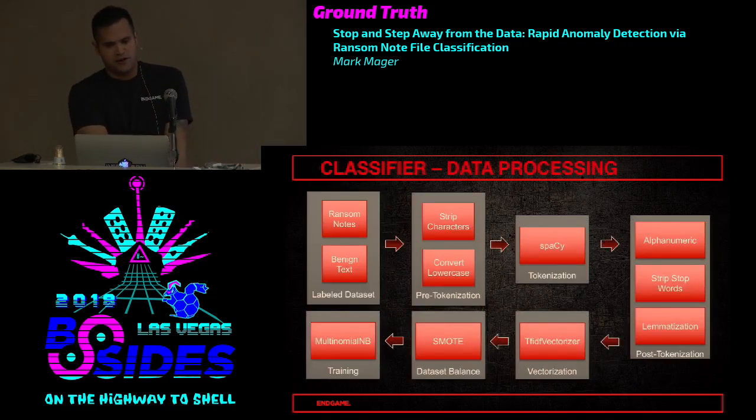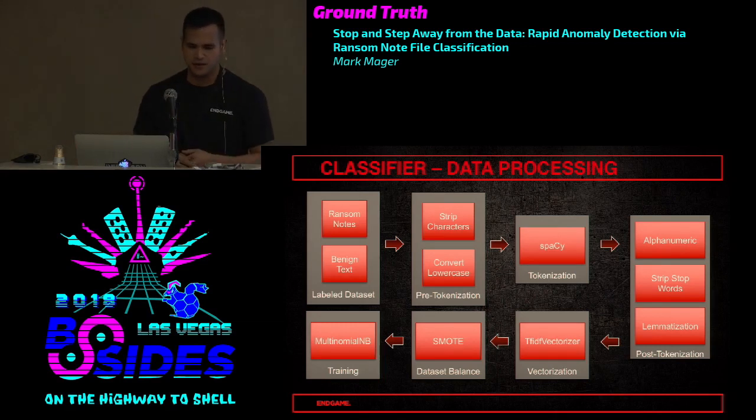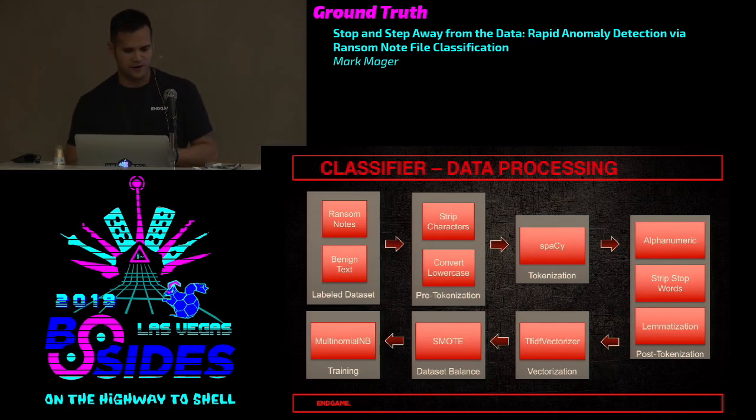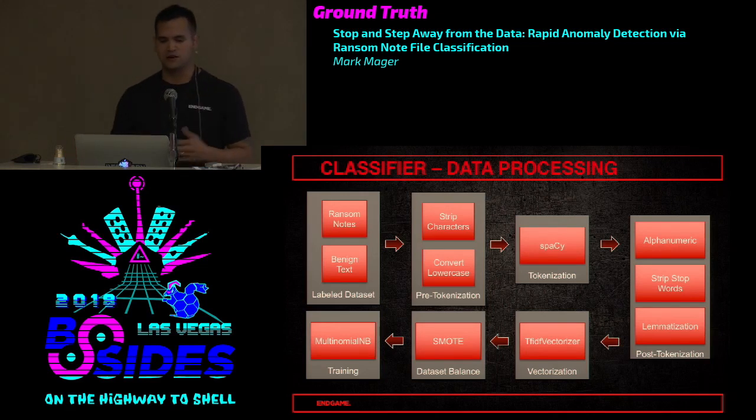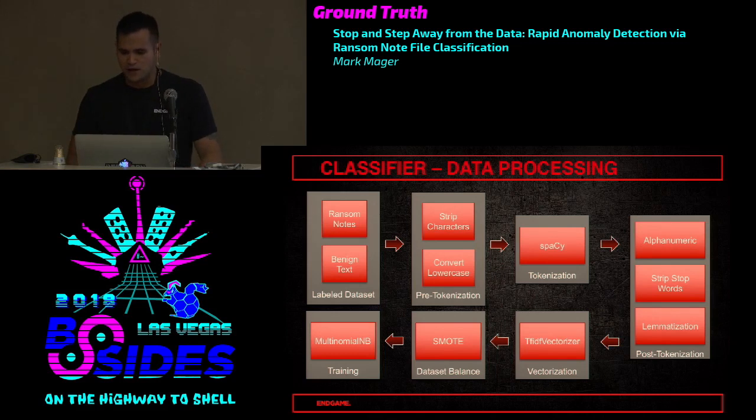So here's what our data processing pipeline essentially looks like. We start with our labeled data set, comprised of ransom notes and benign text. In our pre-tokenization step, we're going to strip out characters, convert all the characters to lowercase. We're going to do the tokenization then with spaCy.